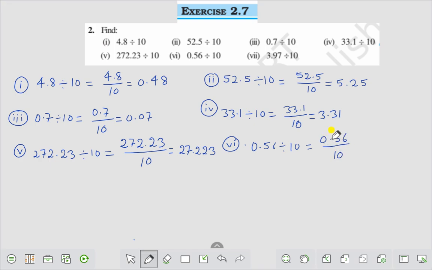That means the point will be shifted to the left side one digit, to here. That means you will get 0.056.